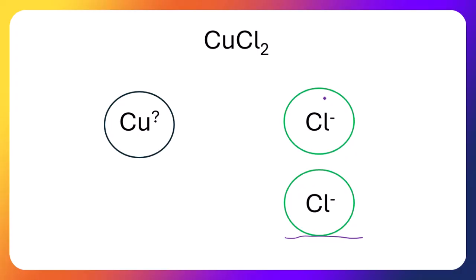So two of those, always -1, is going to give us a -2 charge overall. What's the charge of copper? We don't know, but we can figure it out: there's only one of those in the formula unit, and we have to have a balance in the amount of charge. So this must be +2, and that's a little bit easier than undoing the crisscross.